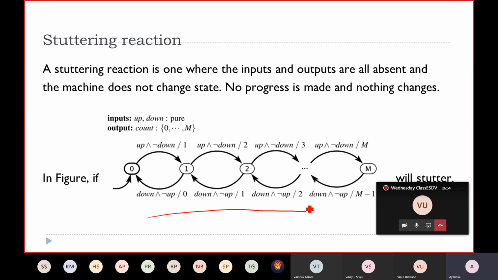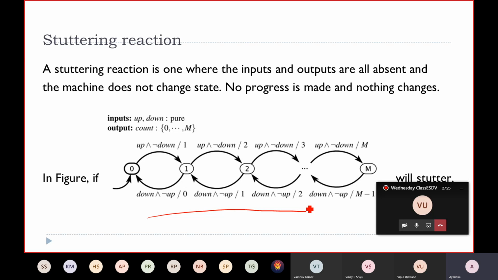Of course, this is not considered because, as mentioned, if it is not up, not down, that means no event-triggered input is actually given to this system. And this situation is called a stuttering reaction or stuttering situation. Your system will stutter at this point where it is not getting any control input.